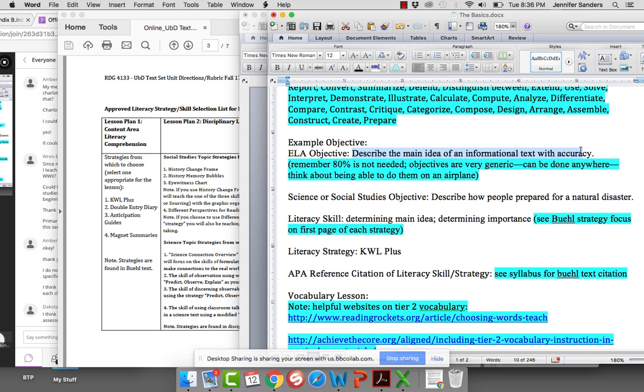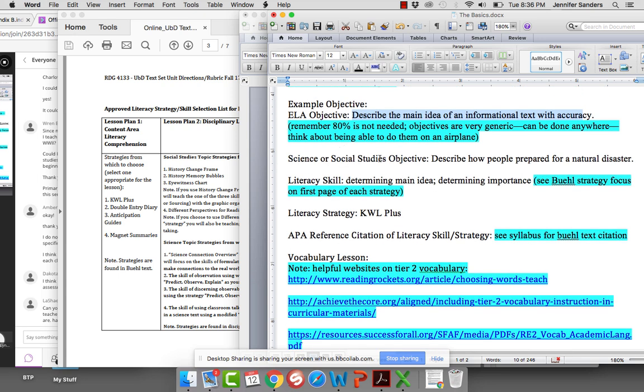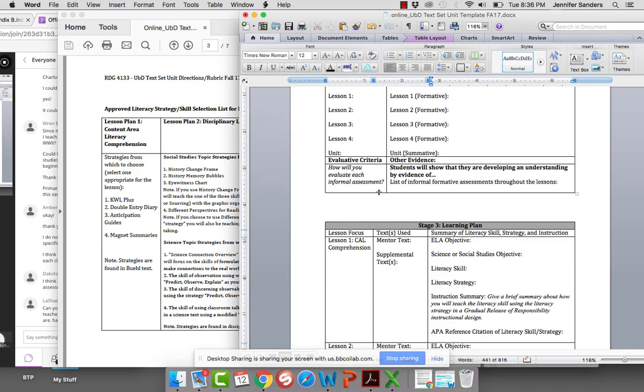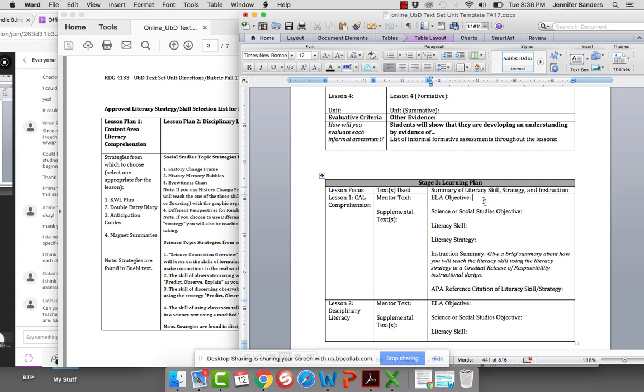Don't put 80% accuracy, just with accuracy. Another word that I like to use is with proficiency. So you can use that word as well, okay? When you get ready to do your social studies objective, you would do the same type of objective, okay? So that's how we actually bring in our objectives here.